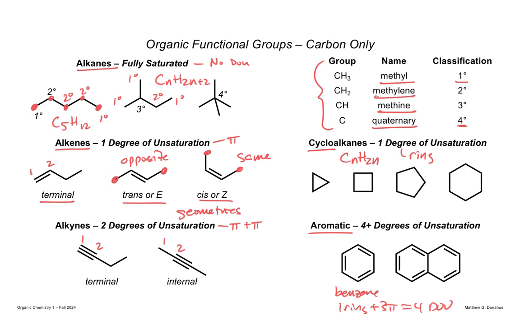Aromatic, in the common sense of the word, when you think aromatic, you think smell. That's the original impetus for naming these aromatic compounds. Benzene has a specific smell to it. If you go on to take Organic 2, I'm actually teaching that today in my afternoon lecture.